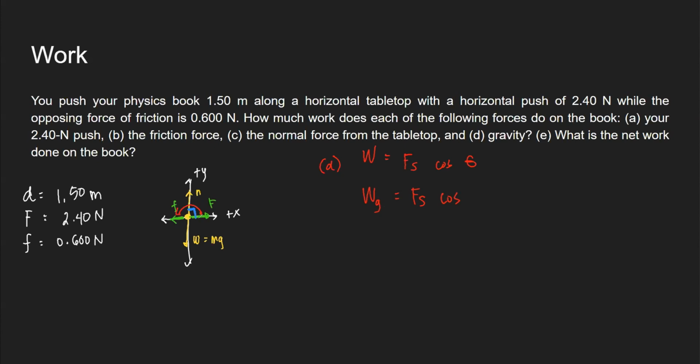Instead of positive 90 degrees here, the gravity is downward, so it's cosine of -90 degrees. And because F and S are still perpendicular to each other, we get 0. The work done by gravity is 0 joules.